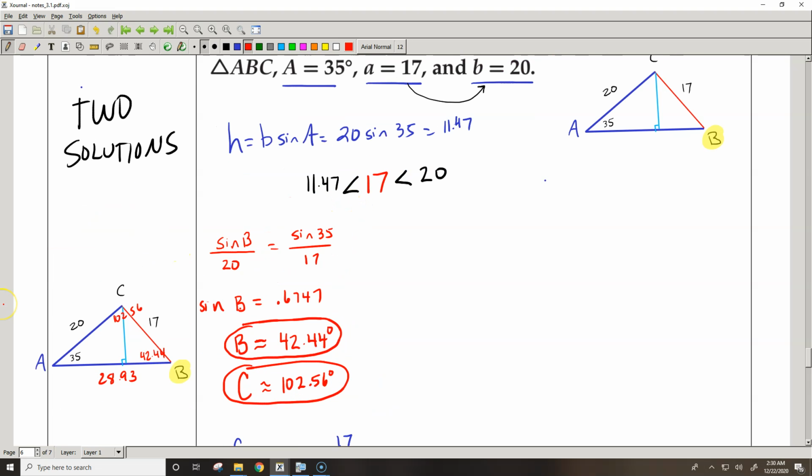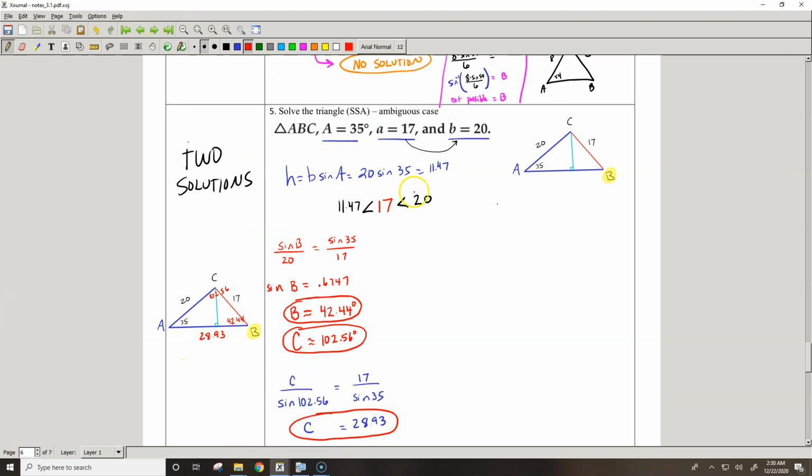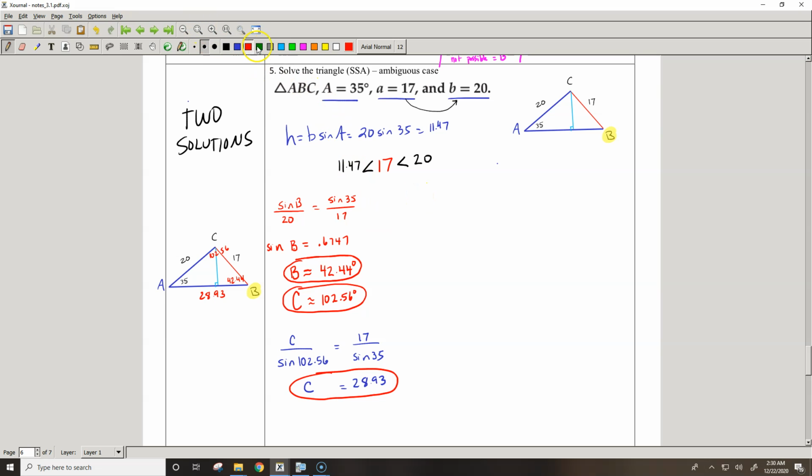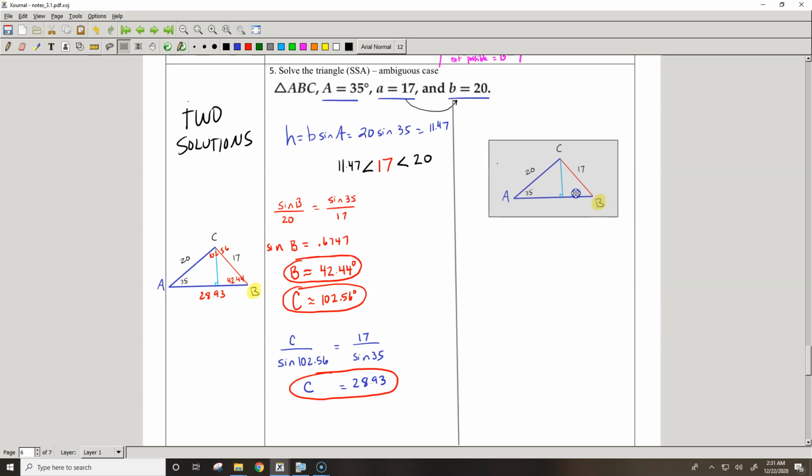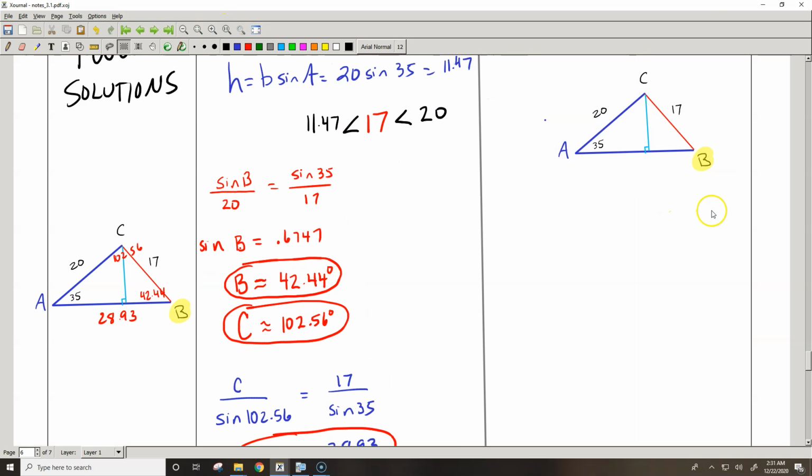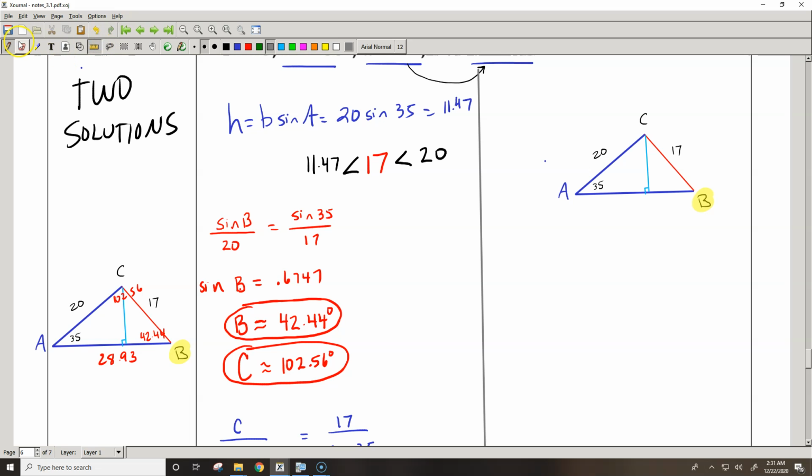Okay, but as we know, there is a second solution to this. Okay, so the first one looks like this. The second solution is all going to stem from where we found angle B in the very first step here. So there's my first picture. My second solution, I'll put this right here. The second solution would be something like, try to make this a little better.